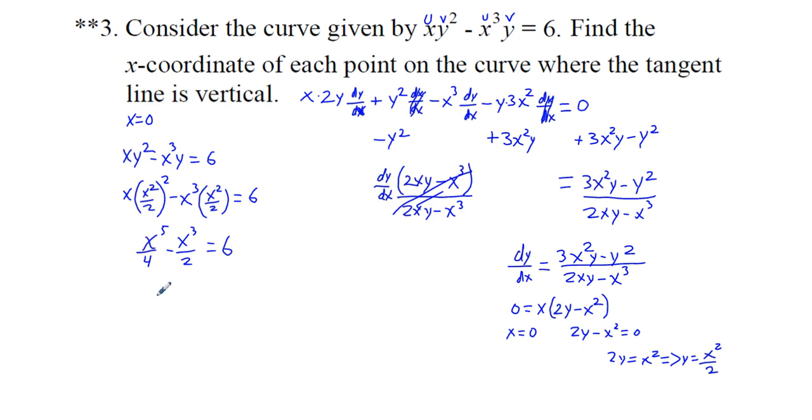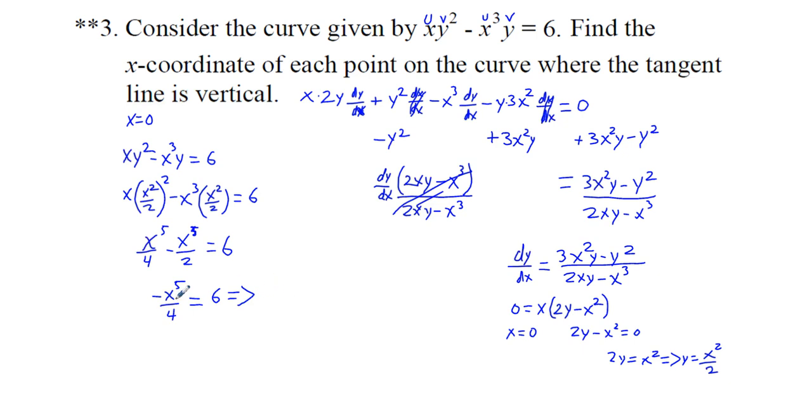So what we have here is, let's go x to the 5th. So we have negative x to the 5th over 4 equals 6. And then multiplying through, we can trade our negative signs.